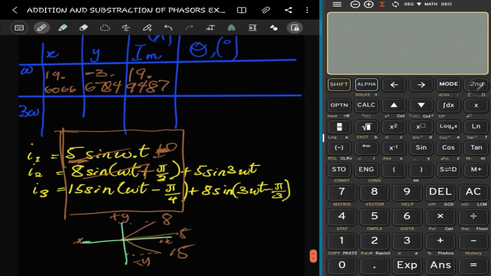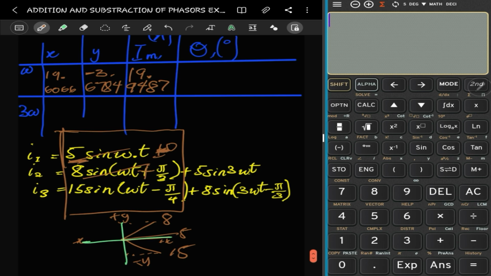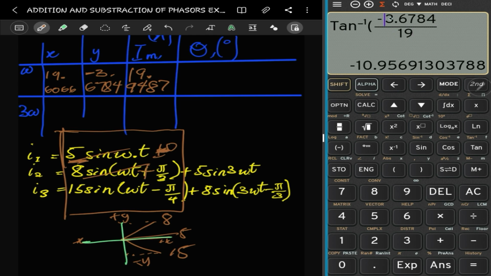Now we're trying to find our theta. We've seen what we do with it already. So tan inverse, opposite over adjacent. The y will be the opposite, so that's minus 3.6784. The x we have 19.6066. Then again, it's very important to bring the minus for the 3.6784, so we get whether it's leading or lagging.